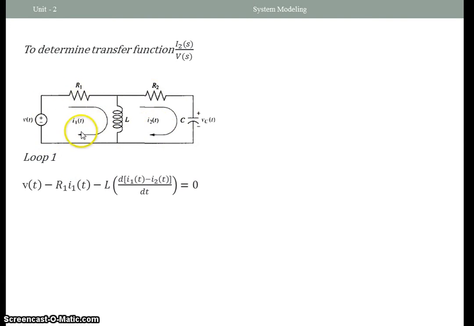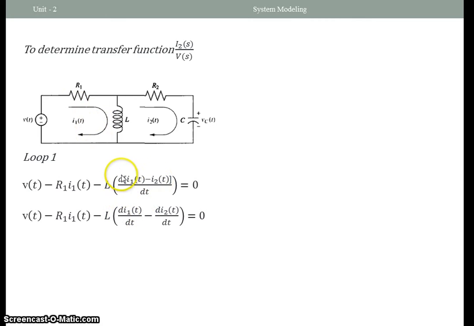if we go around this loop, we will have V of t as the voltage source, and the voltage across the R1 will be a drop, and the voltage across the inductor will also be a voltage drop, and the voltage across the inductor will be equal to the inductance times the derivative of the difference in the current through the inductor. When we are in loop 1, it will be I1 minus I2.